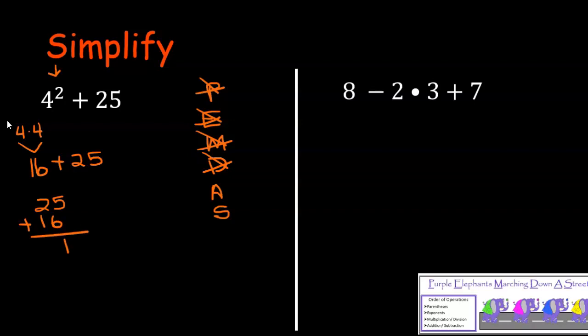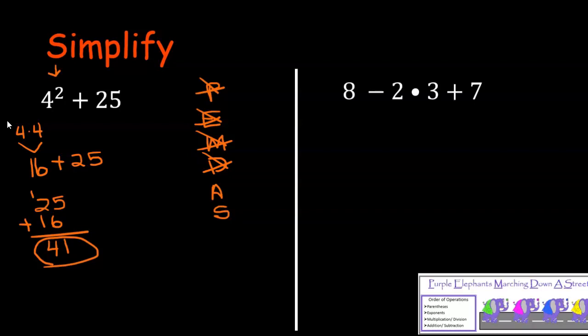We put our 1 here and we carry our 1 over here. 2 and 1 is 3 and 1 is 4. So the answer to this question is 41. We just simplified it. Look, there's no equal signs up here. These are expressions. They're called expressions because there's no equal sign.